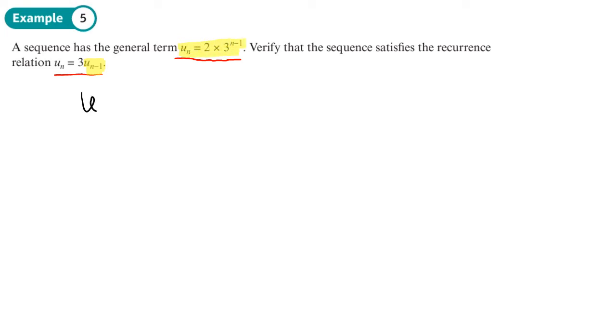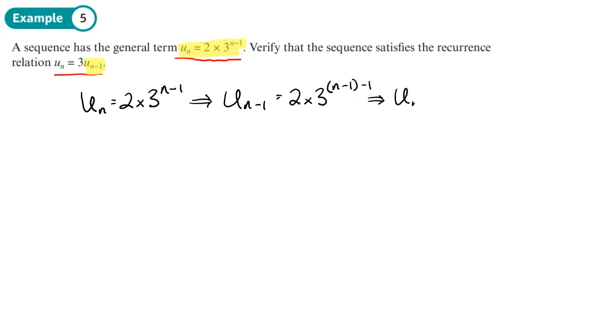We have u_n equals 2 times 3 to the power n minus 1. So that means that for u_{n-1}, we just take 1 away from n, it's going to be 2 times 3 to the power (n minus 1) minus 1. I suppose I could have done that all in one go, pretty easy. So u_{n-1} is equal to 2 times 3 to the power n minus 2.